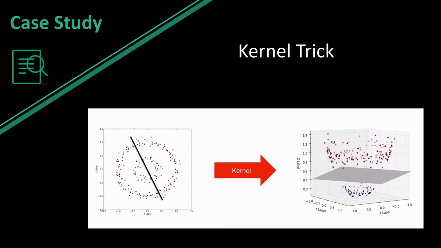And thankfully, whenever you're implementing one of the popular machine learning algorithms, whether it be in Python or R or the language of your choice, whenever you call for a support vector machine class and you're passing the data to it, you can simply pass in the type of kernel trick and name that you want to use.